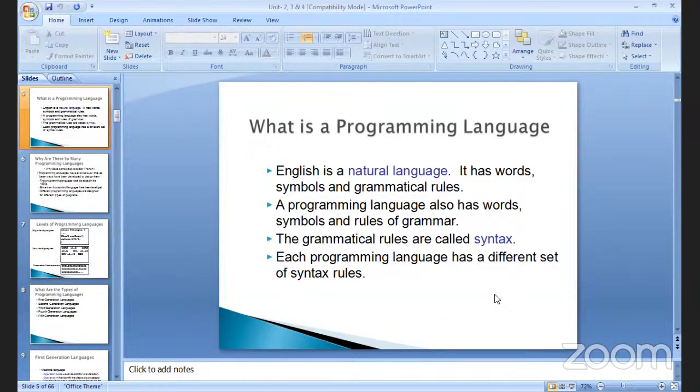The grammatical rules we call here syntax. Each programming language has its own different set of syntax or rules.